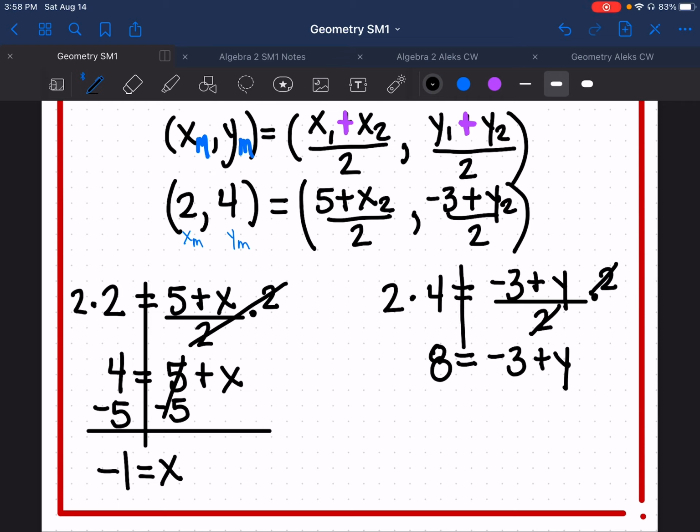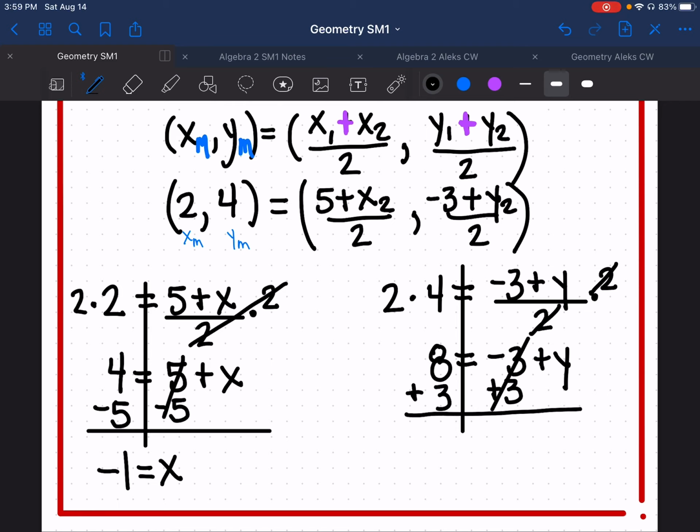Once again, we're just getting rid of that plus or minus. Now be careful. It looks like we have to get rid of a plus, but it's really a -3. So we have to go ahead and add. Remember, when you cancel, you always want to make 0. So if you're ever not sure, you can always check it in a calculator.